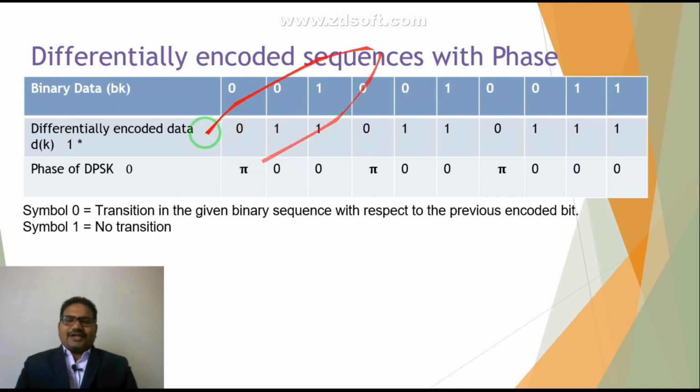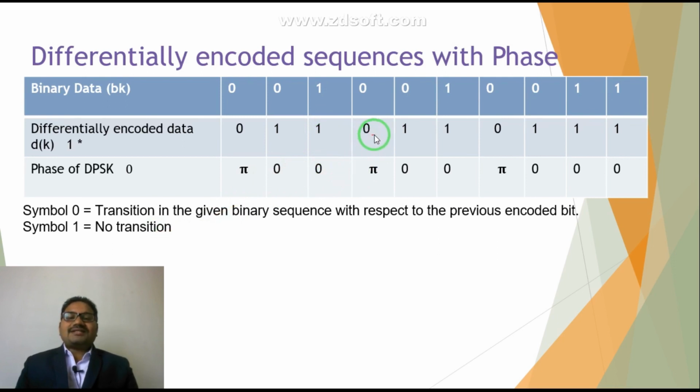So next, you can see that the next differentially encoded data is 1. Since 1 represents no transition, the phase of this DPSK signal is represented by 0. Again, the next differentially encoded data is symbol 1. Symbol 1 represents what? No transition. Since no transition, no phase change.